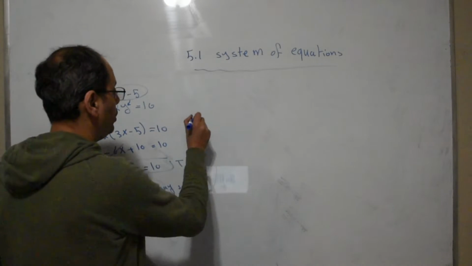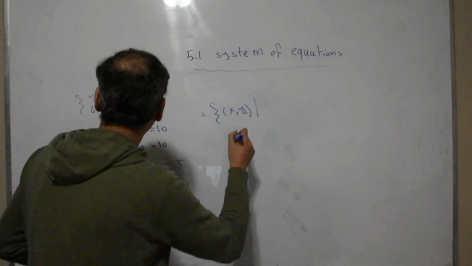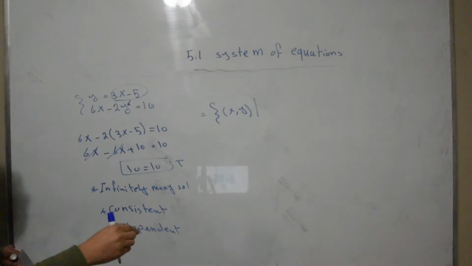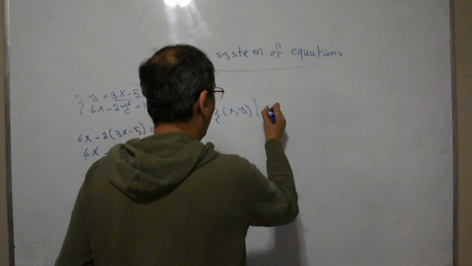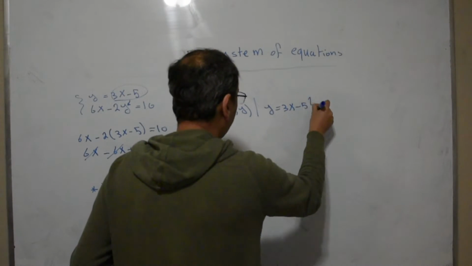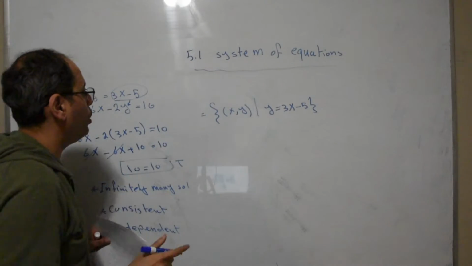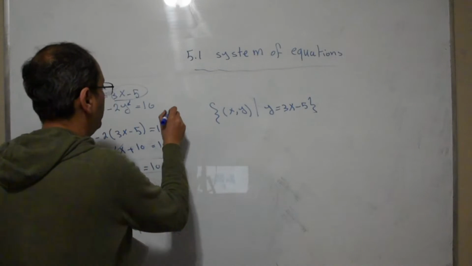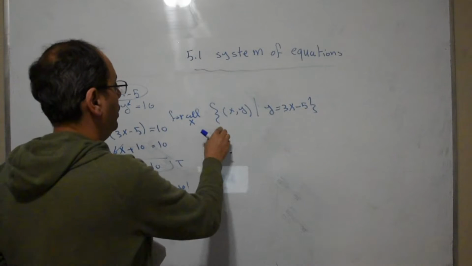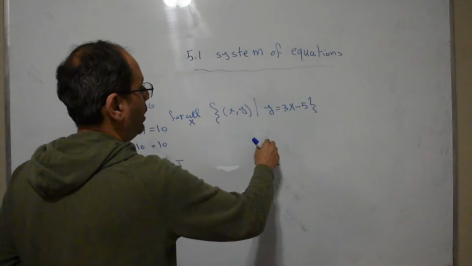To write this solution, it is x and y. Do you remember when I told you how to write it down? You write one equation here, such that y equals 3x minus 5. Meaning that for all x and y such that y equals 3x minus 5.